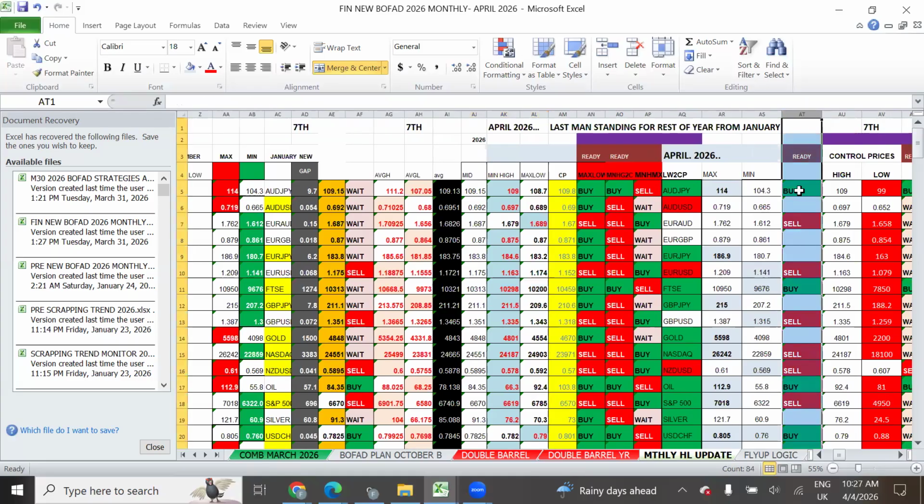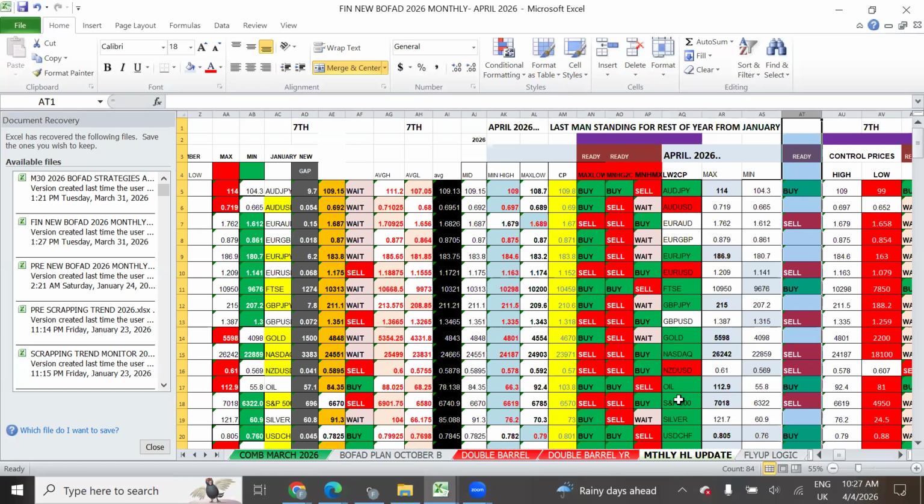So for now, AUD is a buy, Euro AUD is a sell, Euro USD is a sell, FTSE is a buy, GBP USD is a sell, Nasdaq is a sell, New Zealand USD is a sell, crude oil is a buy.